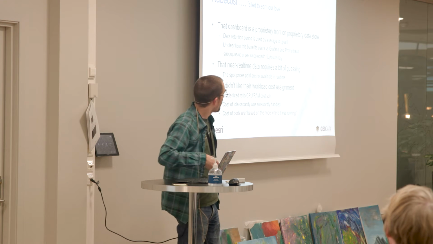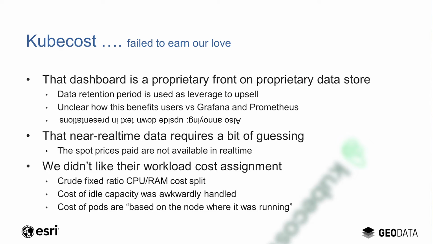So, Kubecost. Well, we didn't really like it that much. The dashboard is proprietary and it's got some data store. And I don't know, Paul knows more. He's really our Kubernetes guy. It's all proprietary. Now I don't know why you would do that. And if you want to store more than 30 days of data, you have to pay them money.